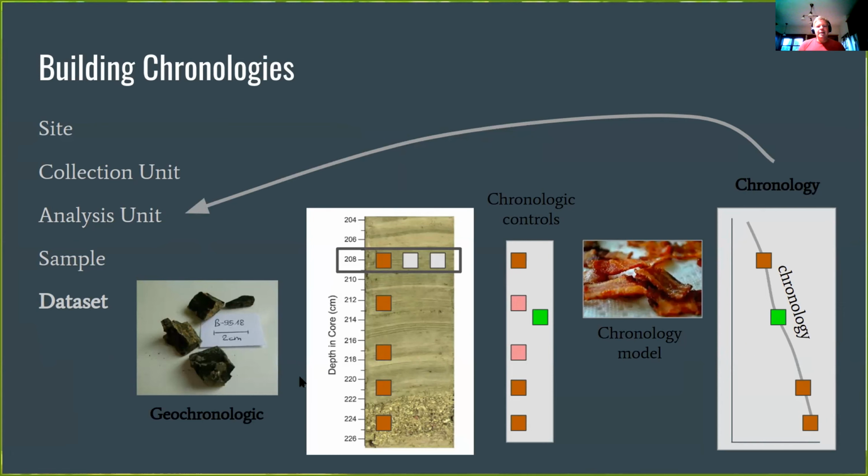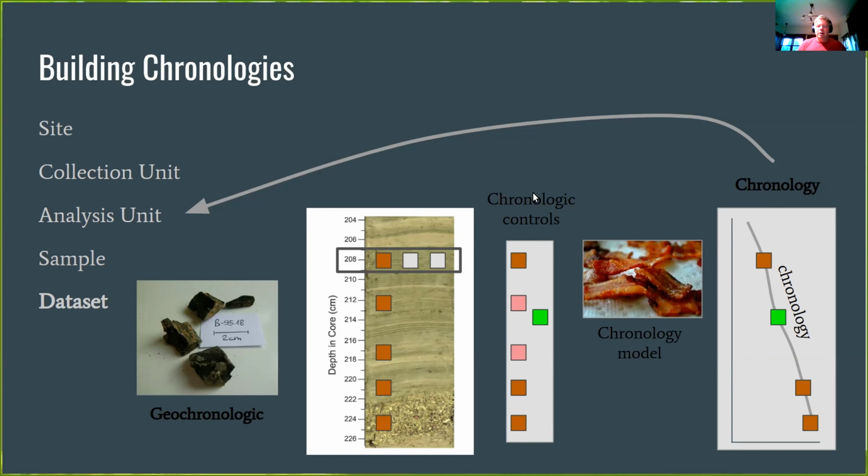So we can think of a geochronologic data set, which might have one or more, for example, radiocarbon dates associated with it. So here is, again, our collection unit. We have multiple analysis units that have samples with radiocarbon, stuff that can be processed for radiocarbon.